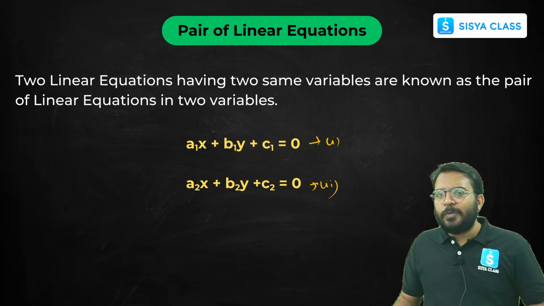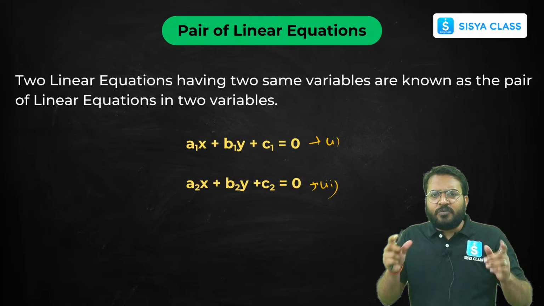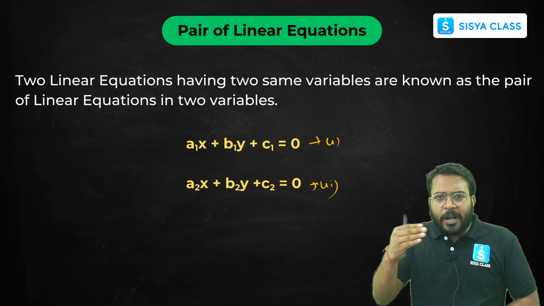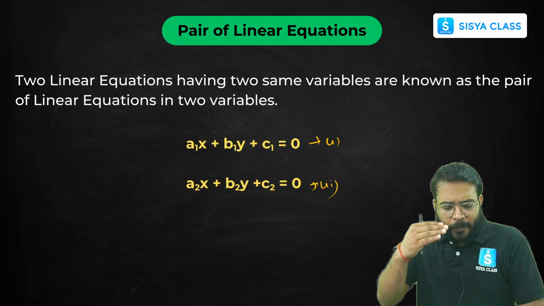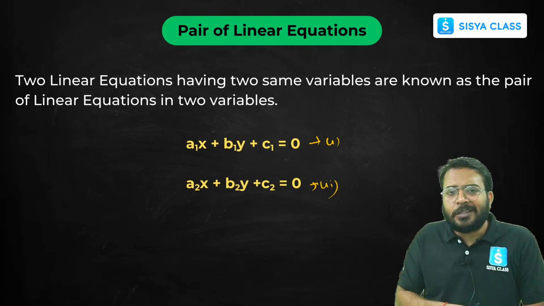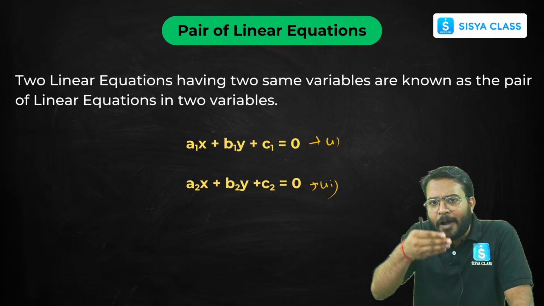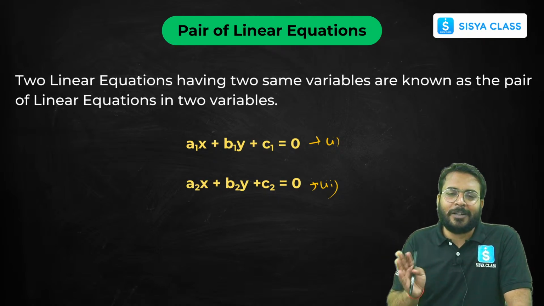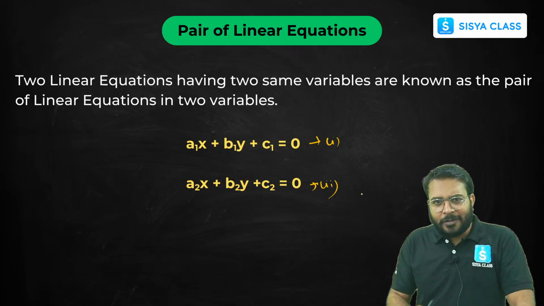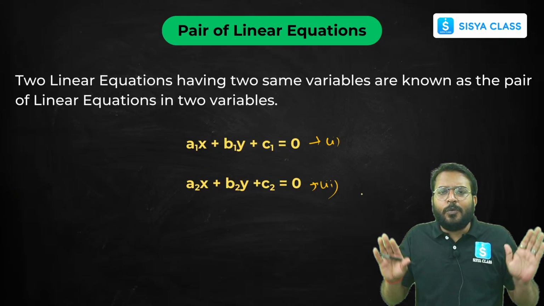And the third type is a word problem, where you need to frame your linear equations. There will be some hints through which you can frame your two equations, and after getting them, you have to solve them and get the values of your variables. This is what the whole chapter covers.